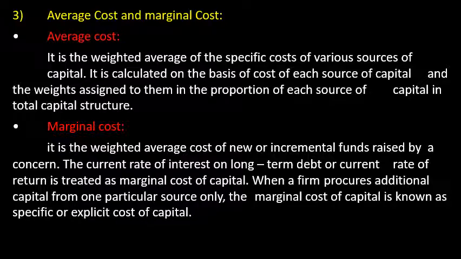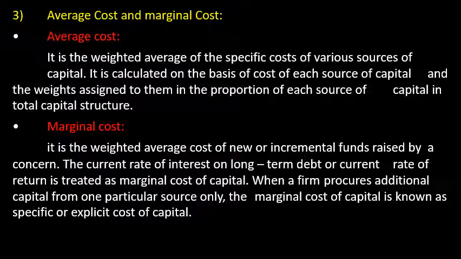So it is a weighted average of specific costs. Specific costs are like cost of equity, cost of preference shares, cost of retained earnings. If there is a debenture or debt instrument, the cost of debenture, cost of bond, these are called specific costs. The average of these is called the weighted average cost of capital.